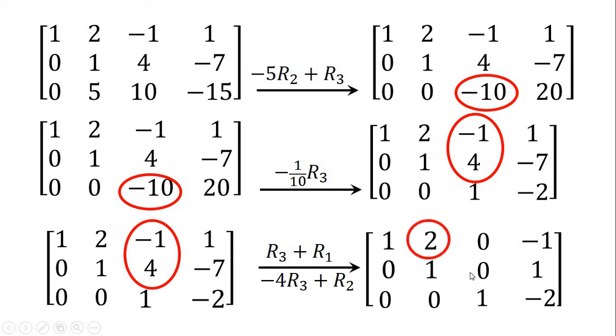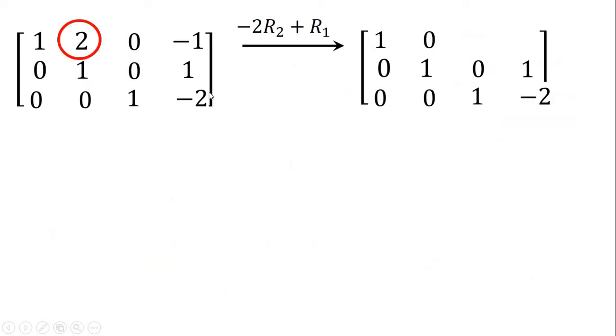Now our next goal is to get a 0 here, the entry above this leading entry. So to do that, I can multiply row 2 by negative 2 and add that to row 1. So let me copy the first and the second rows.